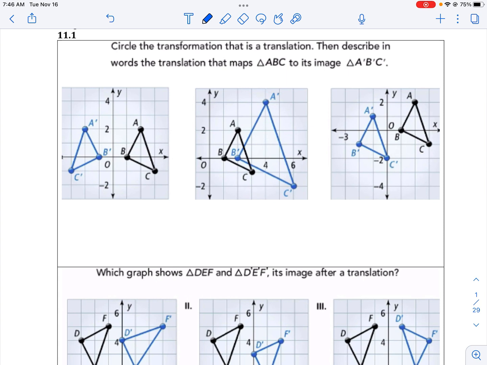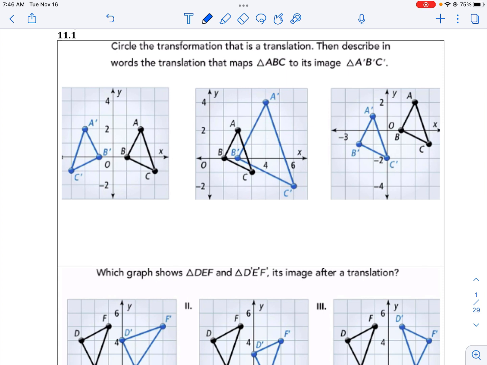So the shape does not change. It does not get bigger, it does not get smaller, it stays the same, and it's always facing the same direction.